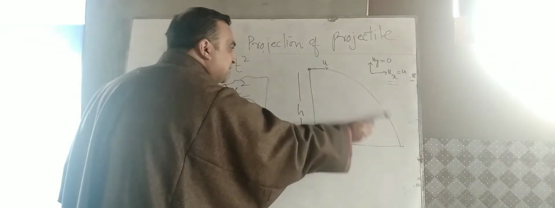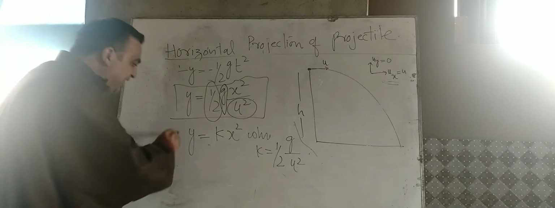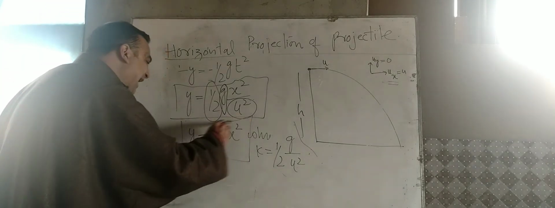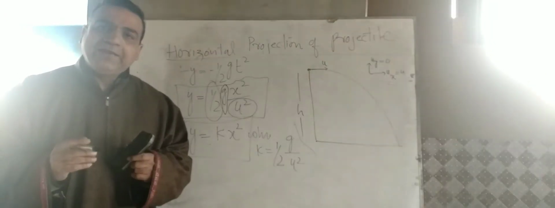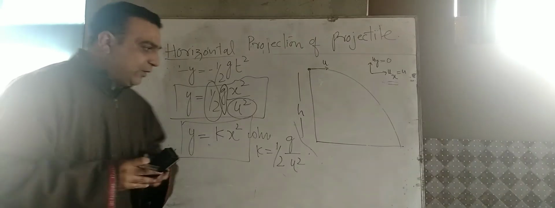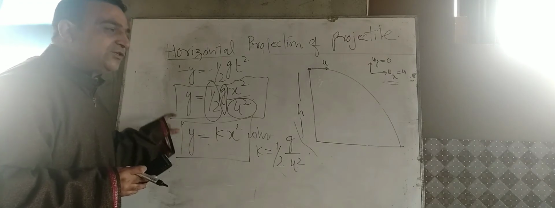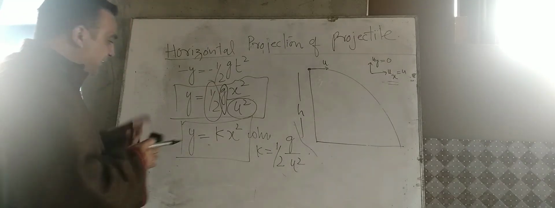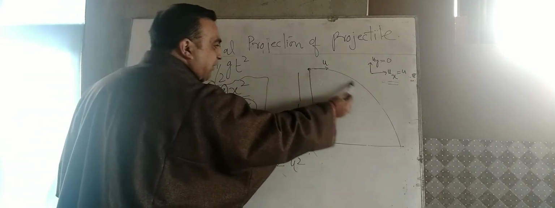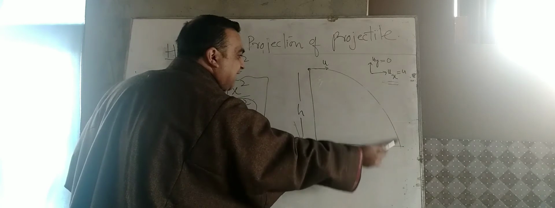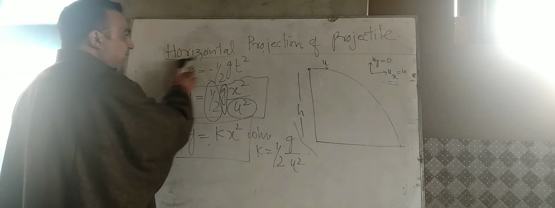This equation tells me that the trajectory of the projectile is parabolic, because this is the equation of a parabola of first order. So the first thing is clear: the path this projectile will take will be parabolic in the geometrical sense.